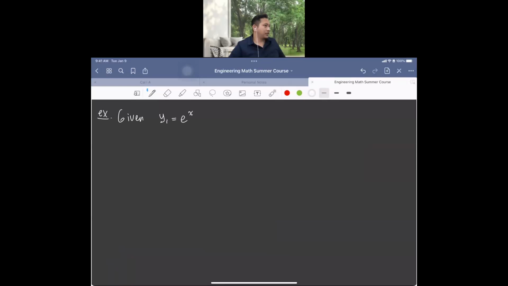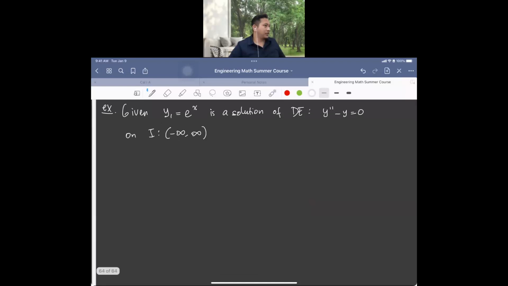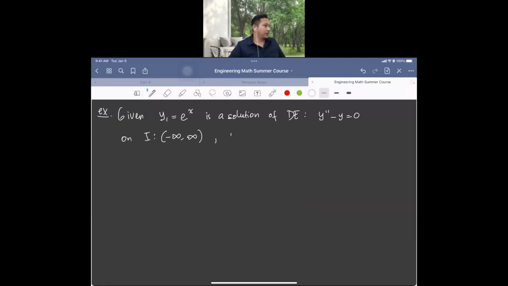Example: given that y1 is e to the power of x, if this is a solution of the DE y double prime minus y equals 0 on all intervals, we need to find y2.